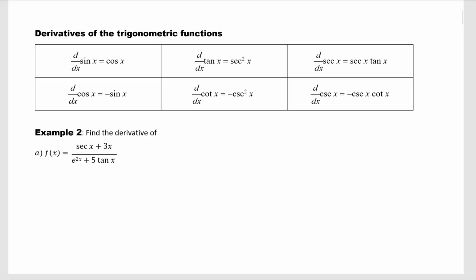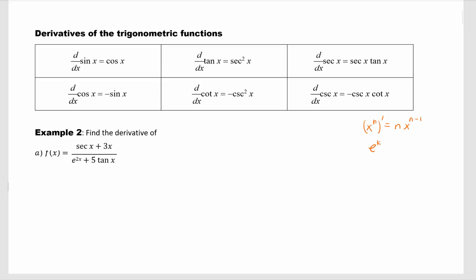Okay, so right now, we're going to use these formulas to find the derivatives of combinations of these functions, trig functions and power functions. Also, I want to remind you the power rule: x to the n, derivative is n times x to the n minus 1.